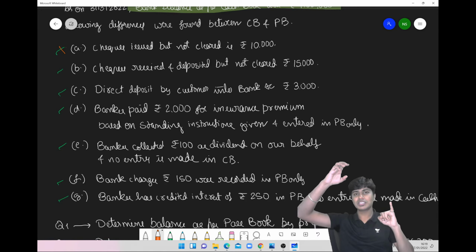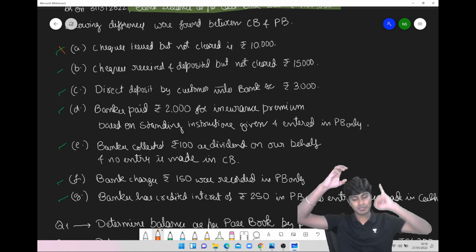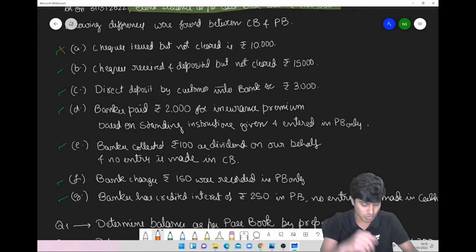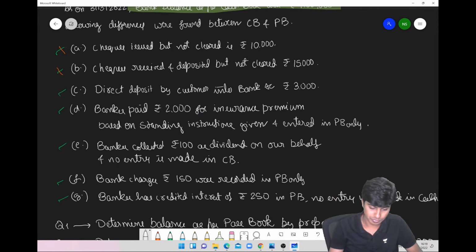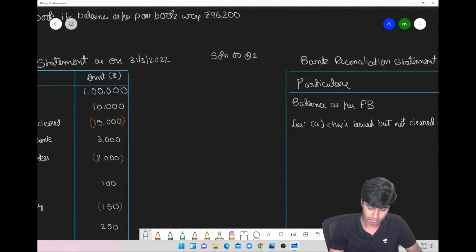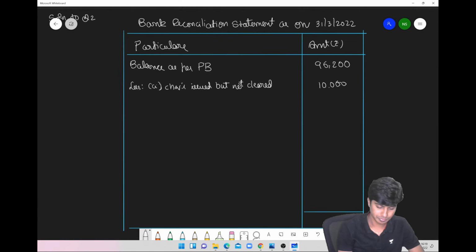Where are we making changes? We are making changes in passbook. So what do we do? We add. How much do we add? 15,000 is the add item. Checks received but not cleared.